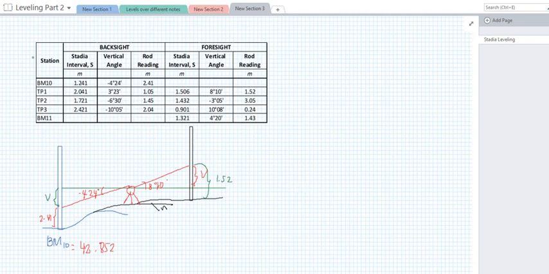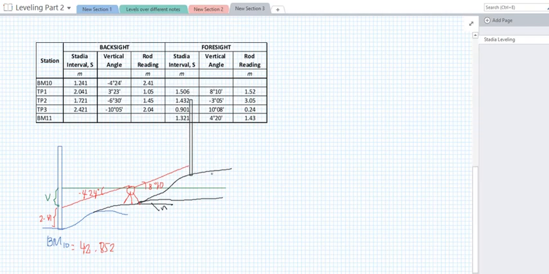Okay, our diagram is wrong. We have a V of 21.18. This writing here is also wrong, so our diagram is wrong.